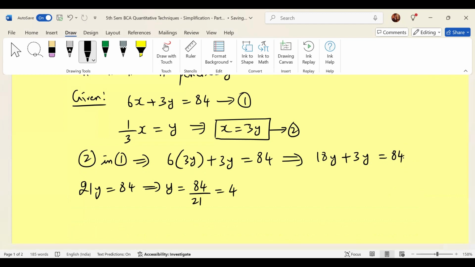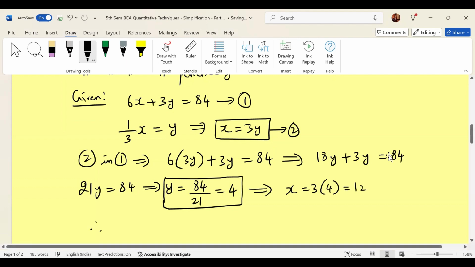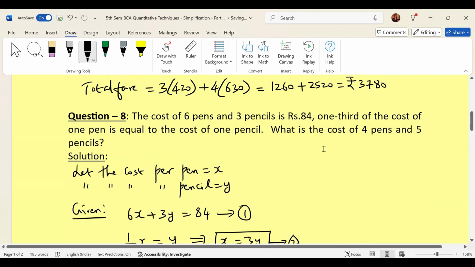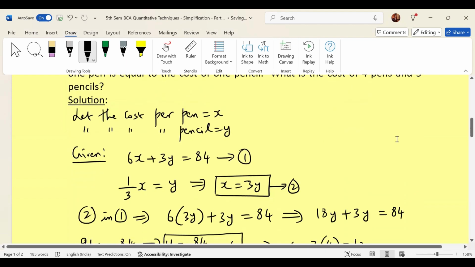So therefore, this means, let us put this inside a box. That means x is 3 times 4, which is 12. Therefore, what is the question? Cost of 4 pens and 5 pencils.